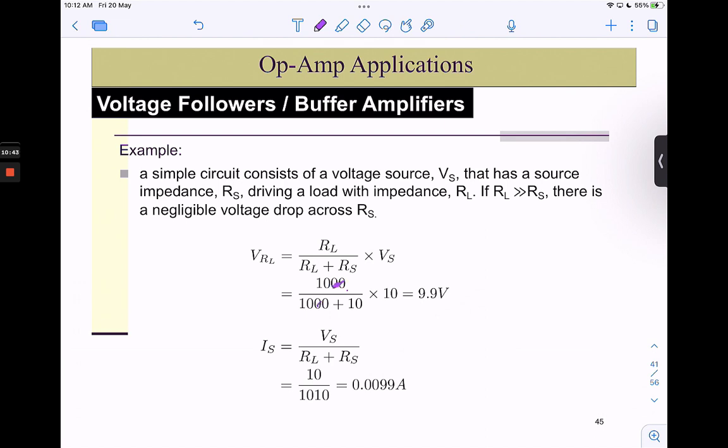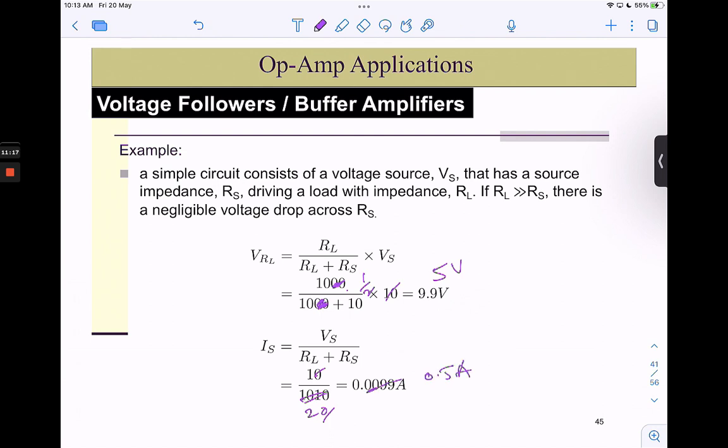So what we have is 10 over 20, so 10 over 20 equals 1 over 2, which equals 5 volt. Okay, and then the current will be Vs over RL, 10 plus 10 equals 20, so 1 over 2, which equals 0.5 amp.